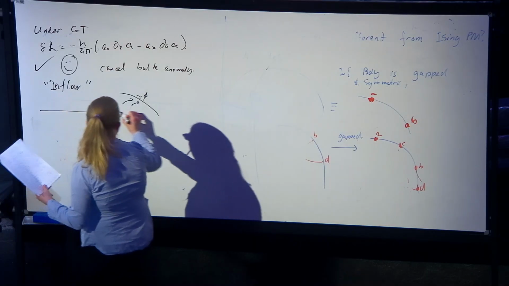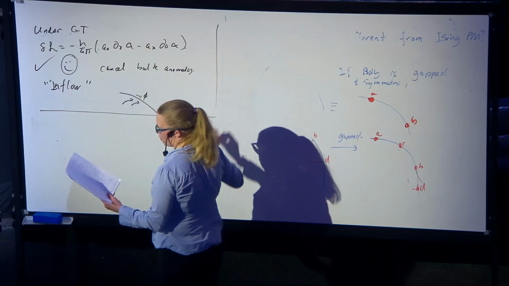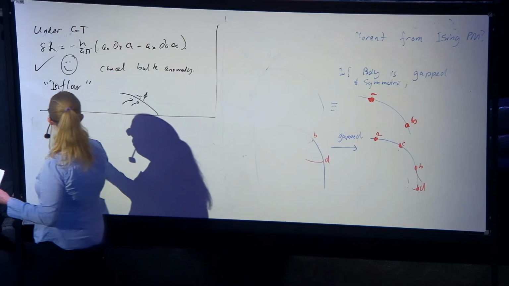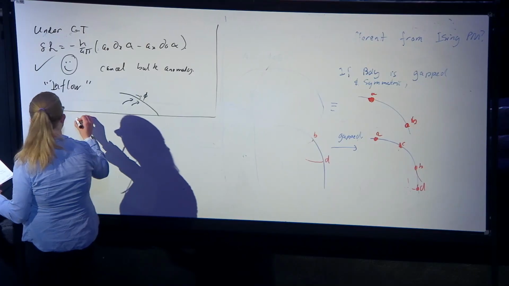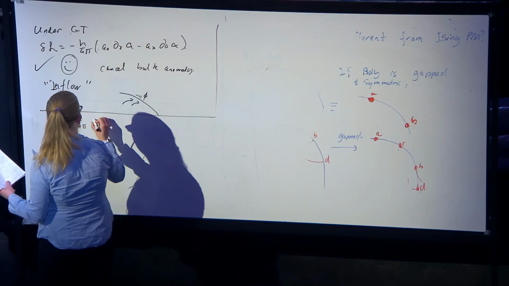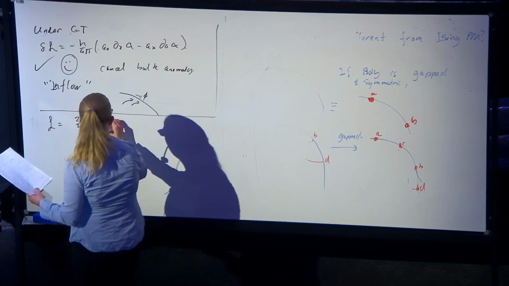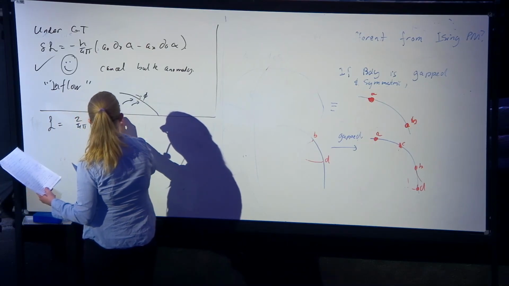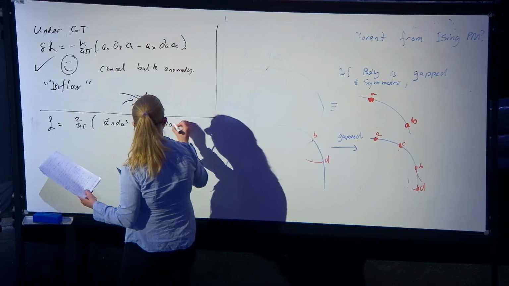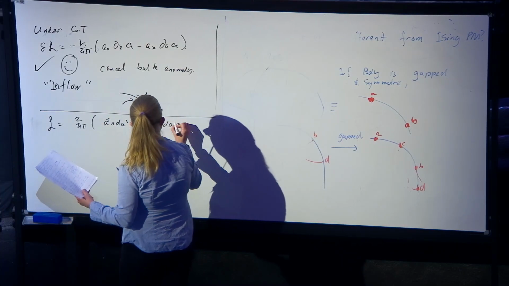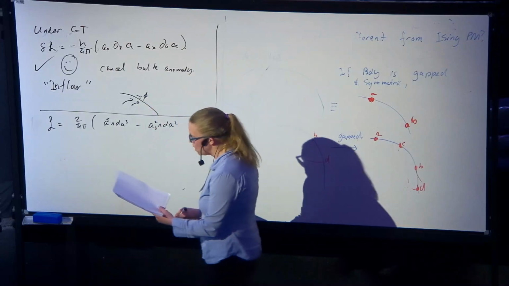So this is the case if I have a single Chern-Simons theory. So what about doubled CS, right? So now I have A1 dA1 minus A2 dA2, okay?